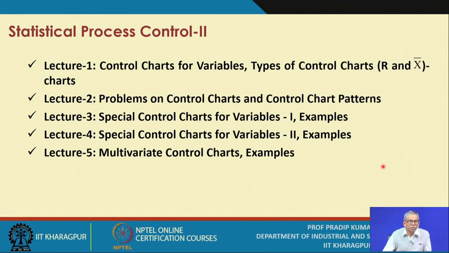And in the subsequent lecture, lecture 4, then I will continue discussing special control charts for the variables with examples. And in the last lecture session, multivariate control charts will be discussed with examples. So, this is our plan as far as the second part of the statistical process control is concerned.